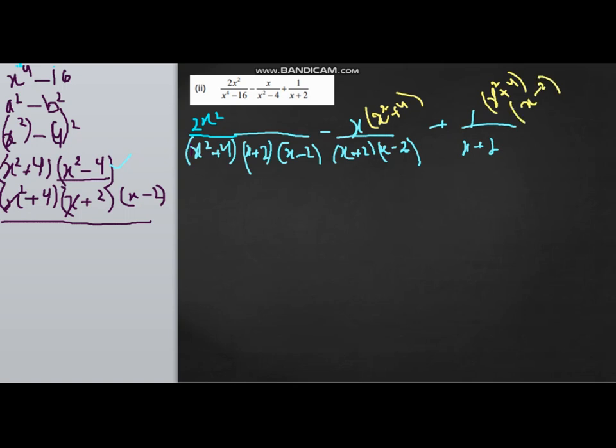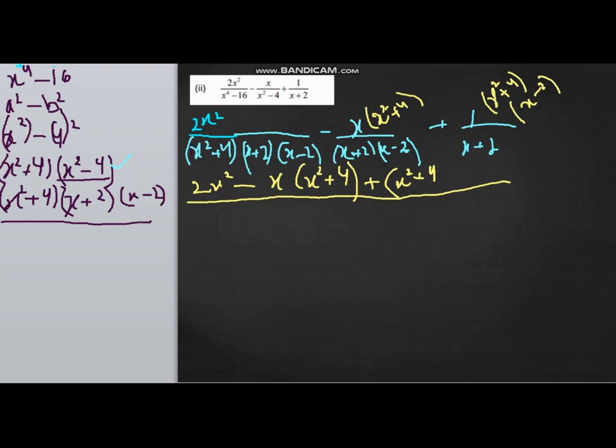So in the numerator, 2x squared minus x multiplied by x squared plus 4, and then plus x squared plus 4 multiplied by x minus 2.